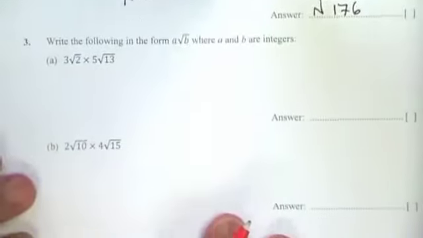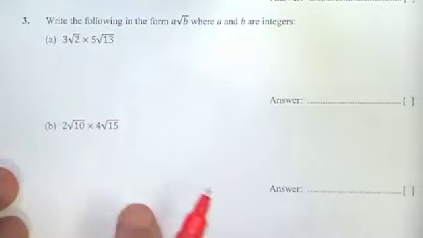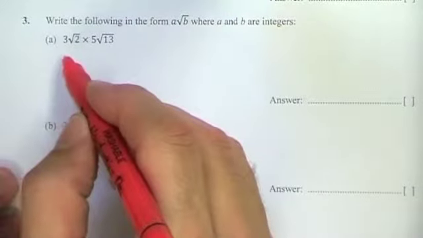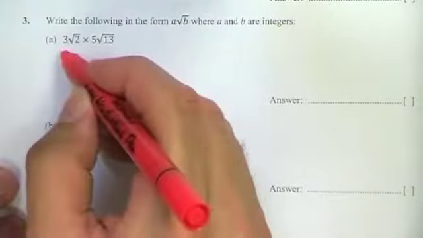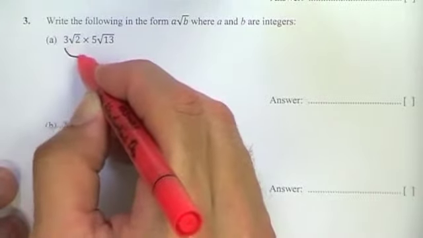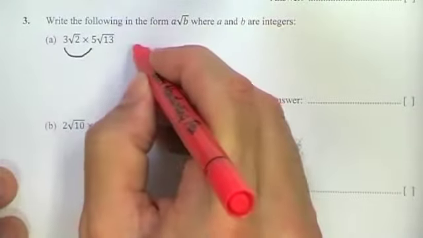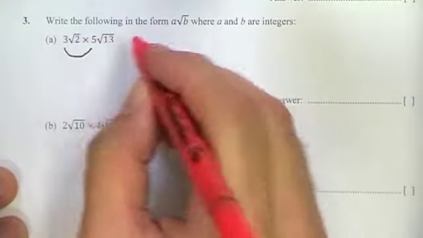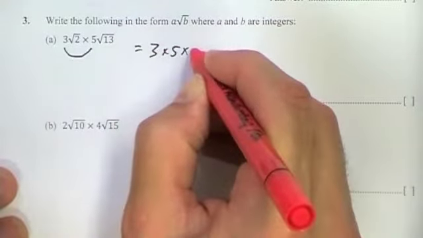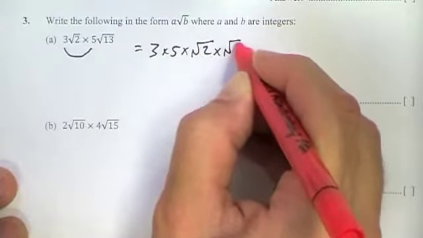Question 3. When we've got numbers and surds mixed together, we just multiply the numbers together. I'll write it as 3 times 5 times root 2 times root 13.